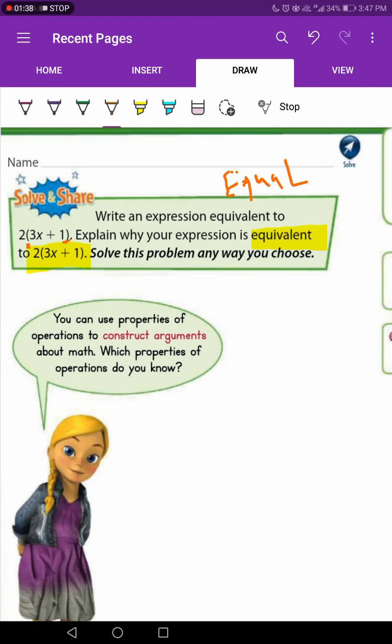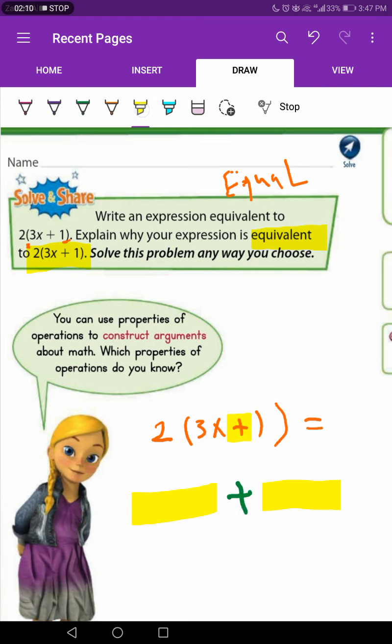I just use one property of operations. It's called the distributive property. Okay, 2 times the quantity 3x plus 1. How can I write the equivalent for this? I have left and right, and what is the sign between them? It is plus.